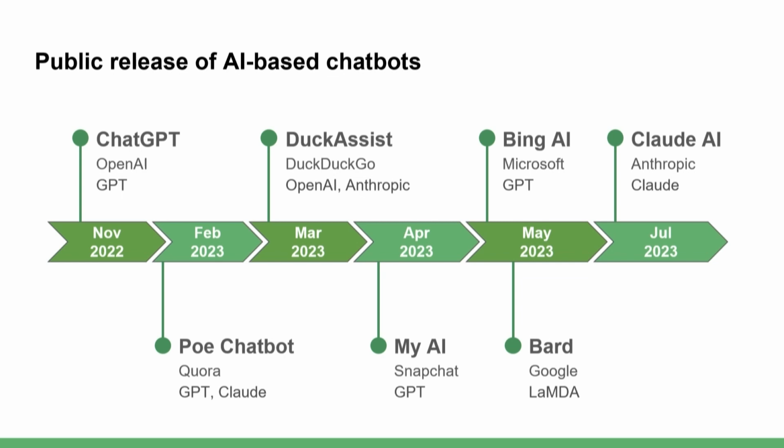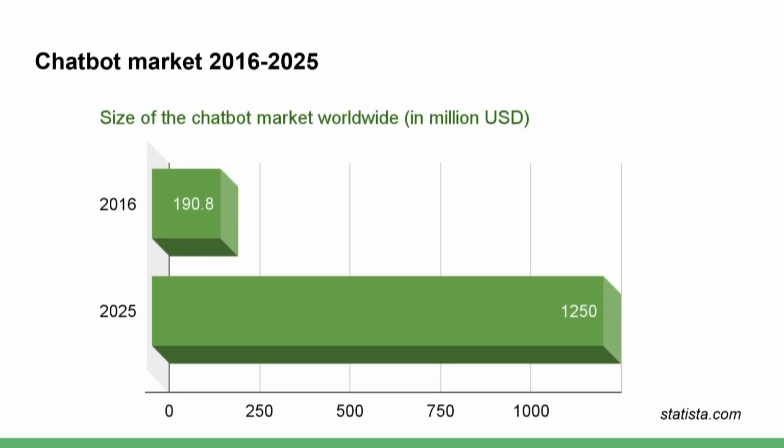In March, DuckDuckGo released DuckAssist, and just 6 weeks later, Snapchat released My AI. In May, Microsoft Bing entered the race with Google's Bard hot on its heels. And in July, Anthropic's Claude AI also joined the party, adding a new twist to this tech marathon.